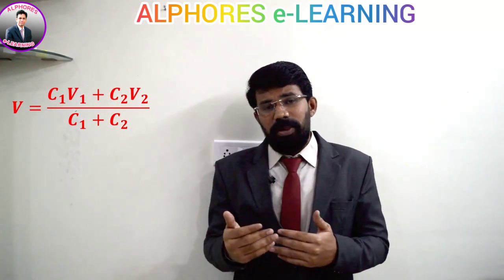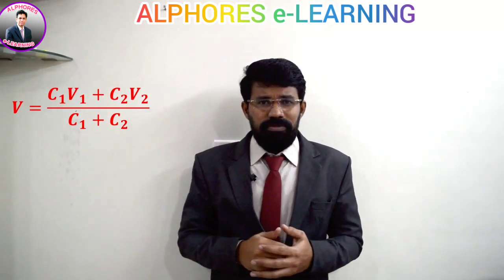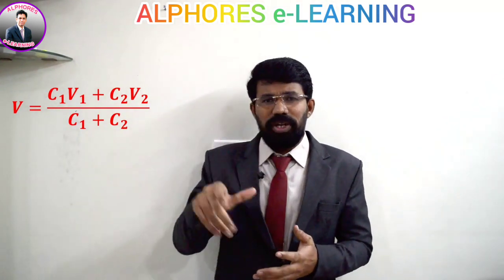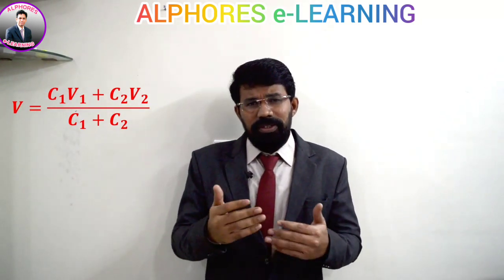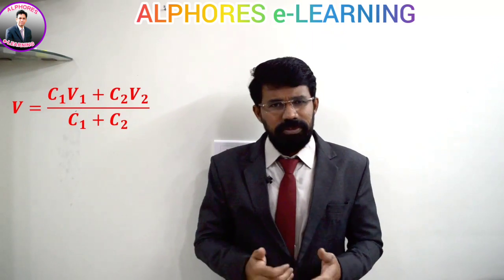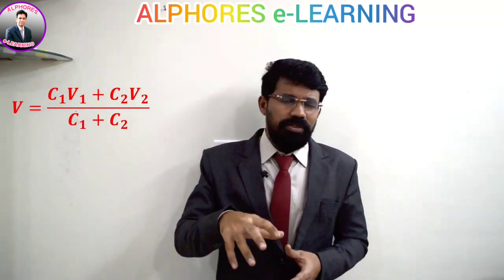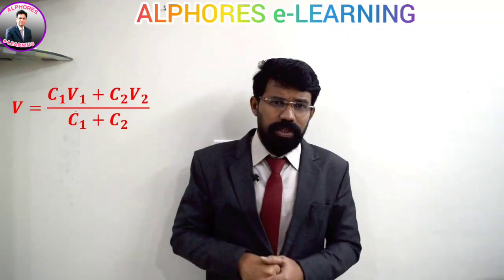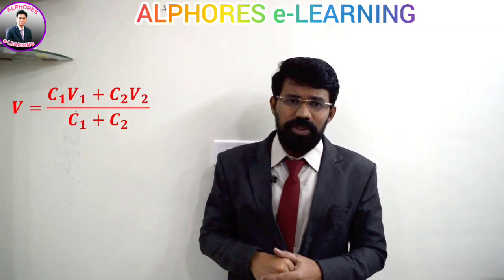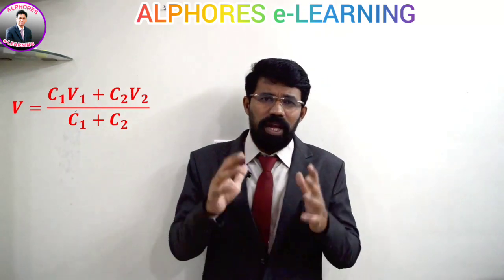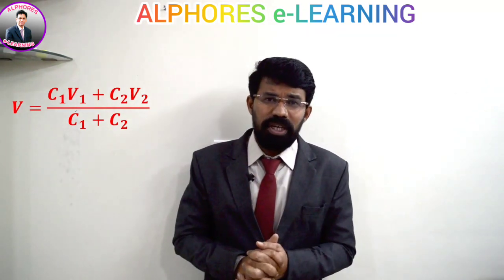Okay. So when charge flows from one capacitor to another, there will be some energy dissipation. Initially, one capacitor has some energy, and the other capacitor, if it is also charged, will have some energy too. When you add these two energies, you get the initial energy possessed by both capacitors.